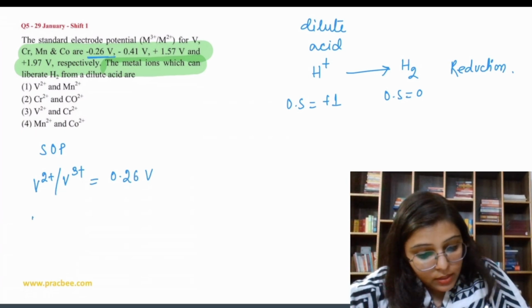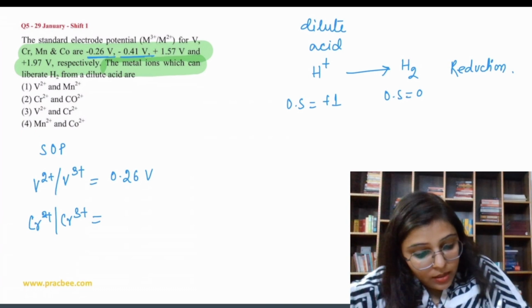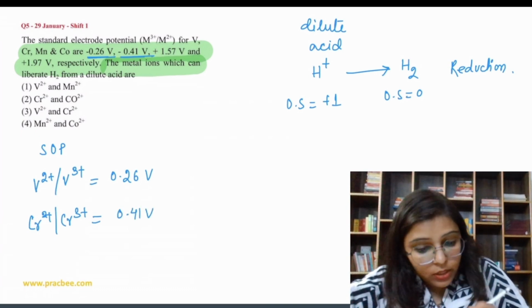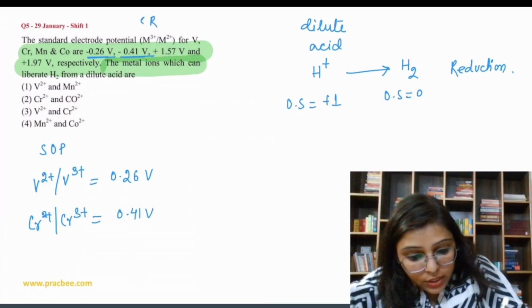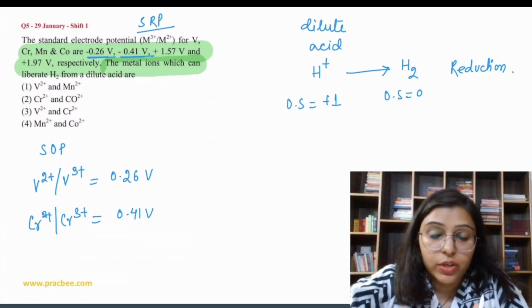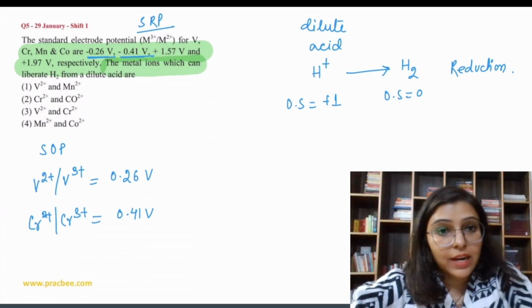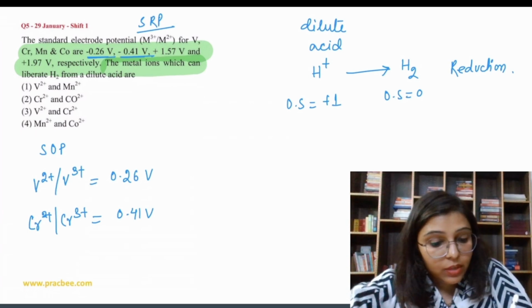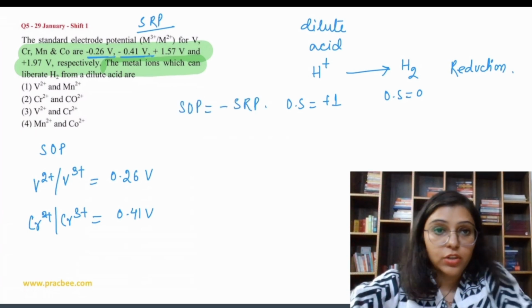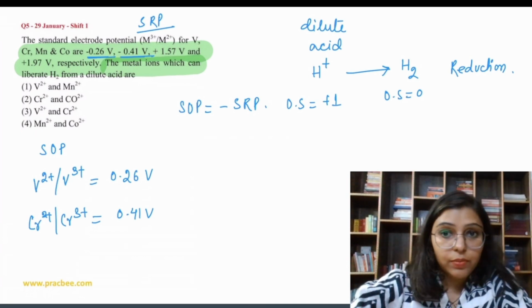Now for Cr2+ to Cr3+, it is going to be 0.41 volt, because reduction potential values are given in the question. We have to convert this into the standard oxidation potential, and we know that standard oxidation potential is minus of standard reduction potential. So we are going to do it that way.